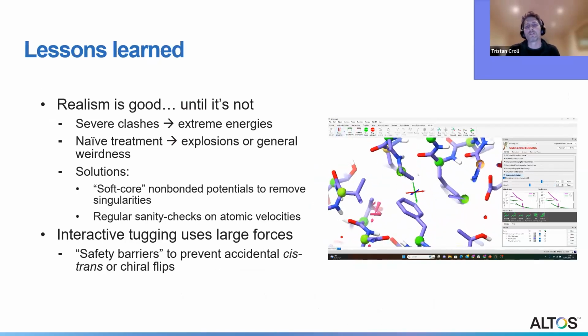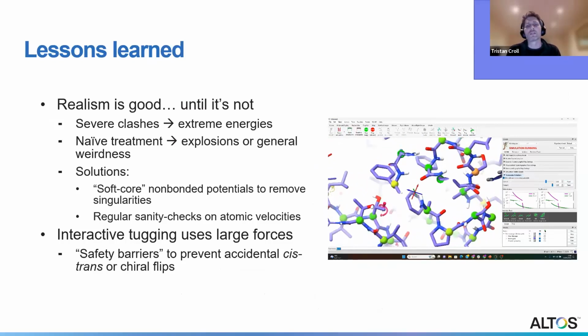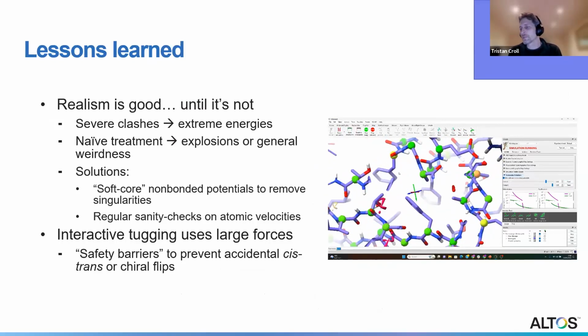The problem, funnily enough, is the treatment of non-bonded interactions, because the van der Waals force is extremely unforgiving. When atoms overlap, the energies shoot up very quickly to the sort of energies you'd normally only ever see inside the ring of Diamond Light Source, or in a particle accelerator or a nuclear reaction, and forces that would send atoms flying apart at a good fraction of the speed of light.